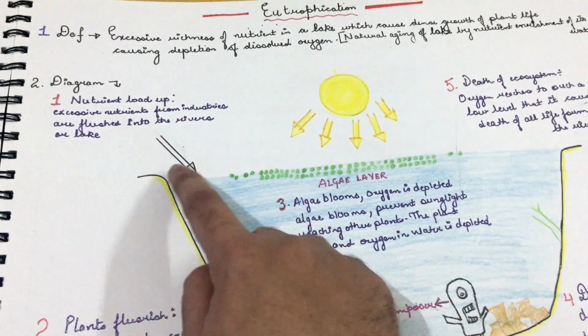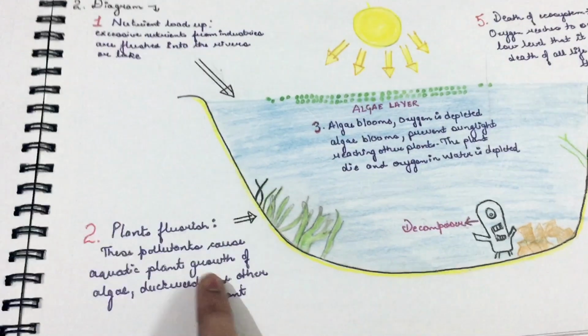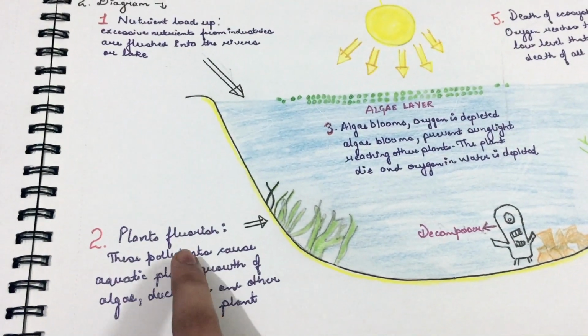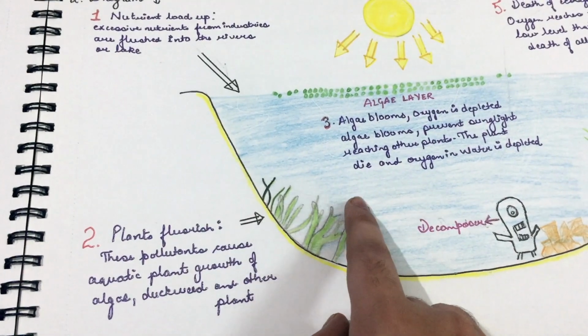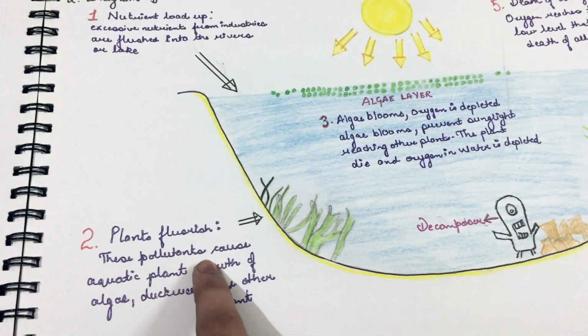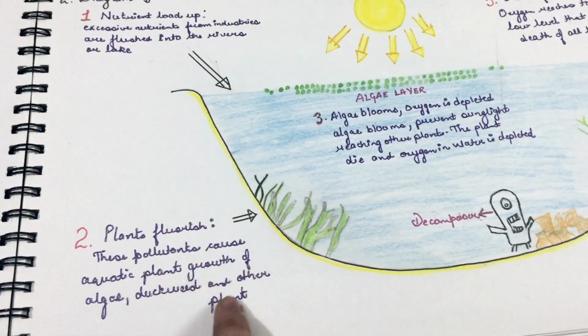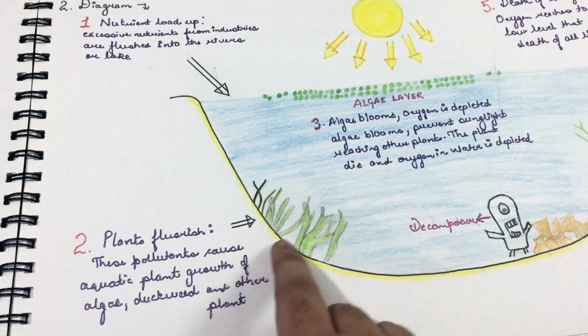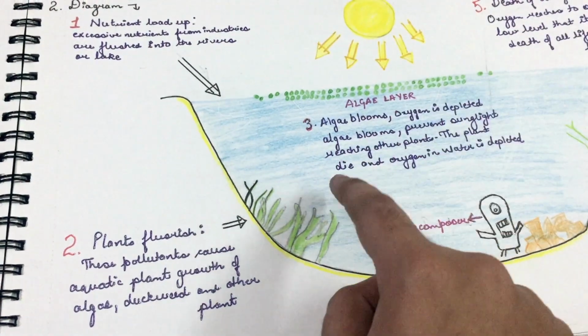Due to these nutrients, there would be excessive growth of algae and other aquatic plants in this lake.